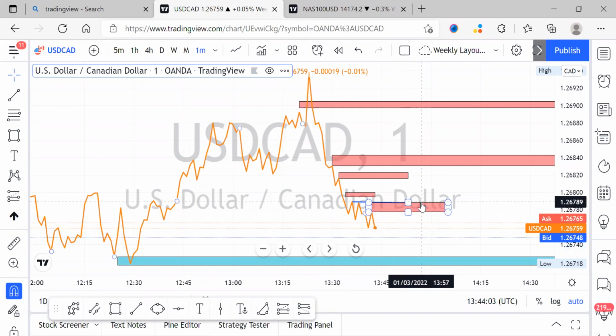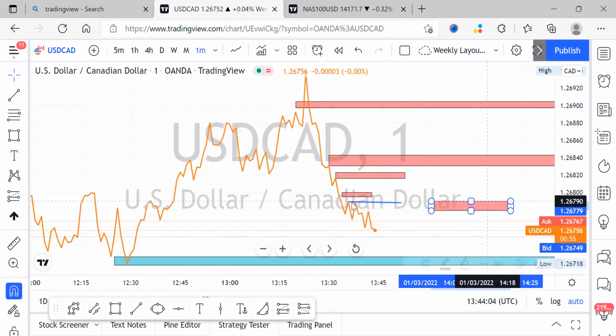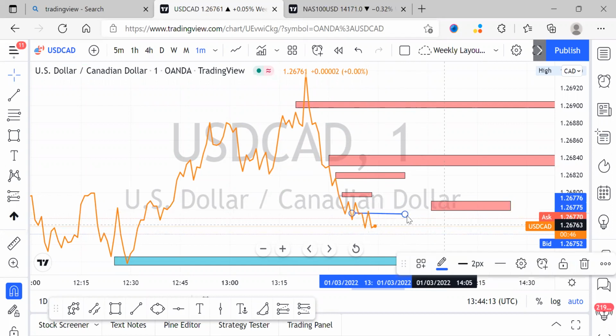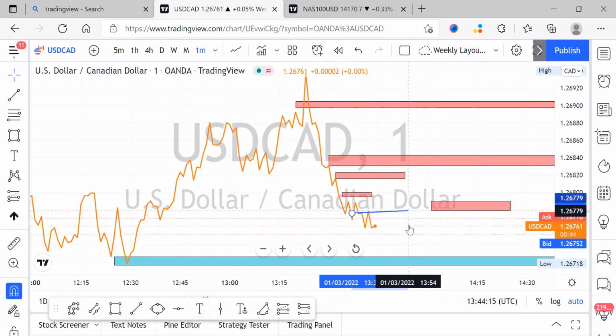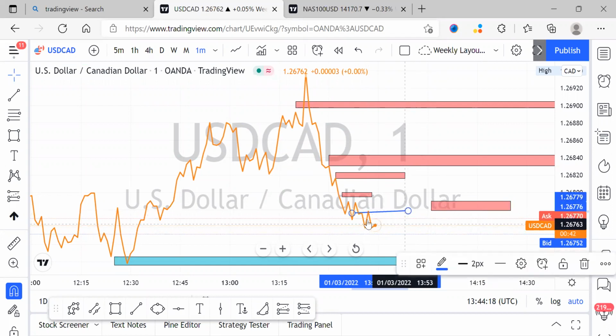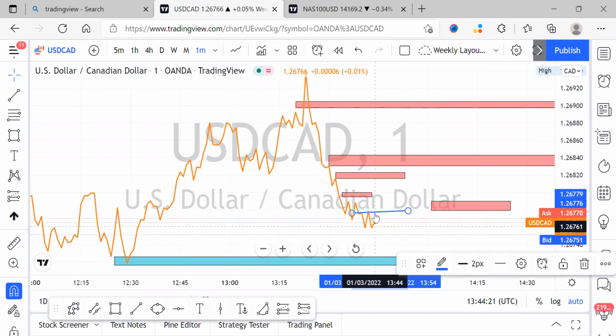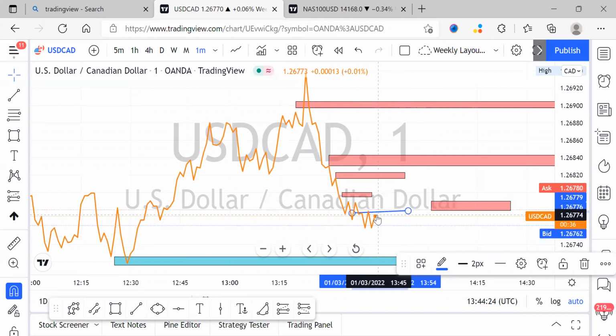If I now take that away, it must break that high before a trend reversal is confirmed, okay? We've also got a high here, okay? This is our short-term high on the 1 minute, okay? Price needs to go above here, okay, before we see a reversal, okay?